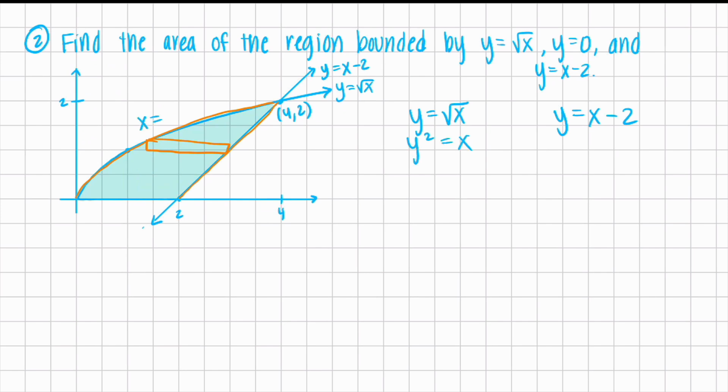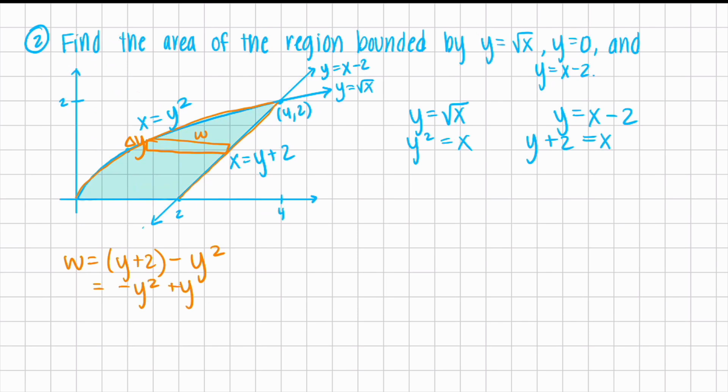So this is x equals y squared, and this is x equals y plus 2. So the width of my rectangle is always my right minus left. That's going to be y plus 2 minus y squared. So this is negative y squared plus y plus 2.